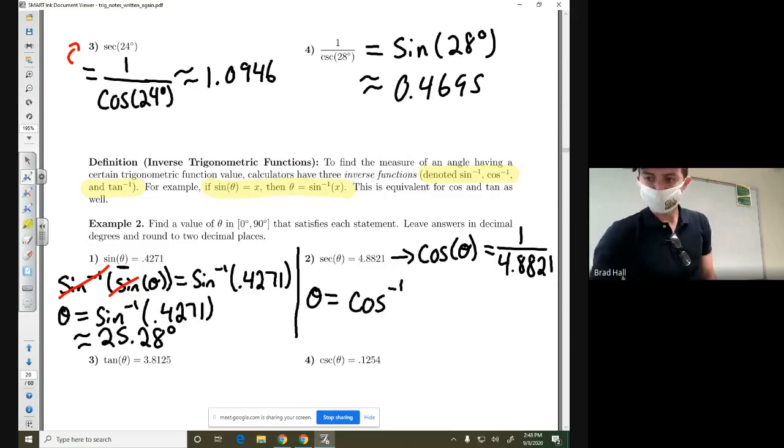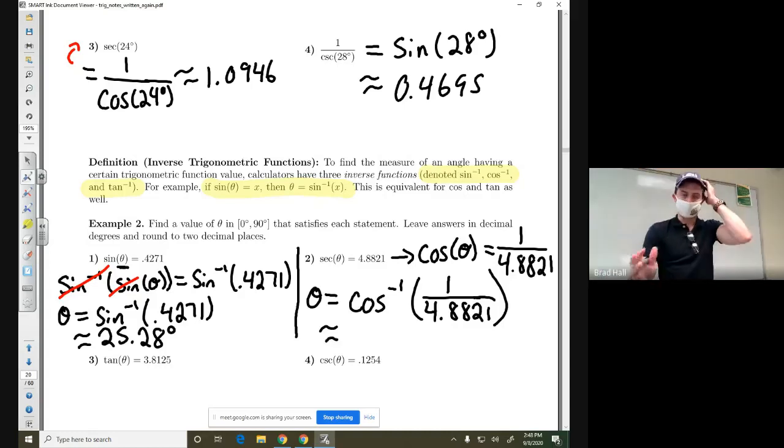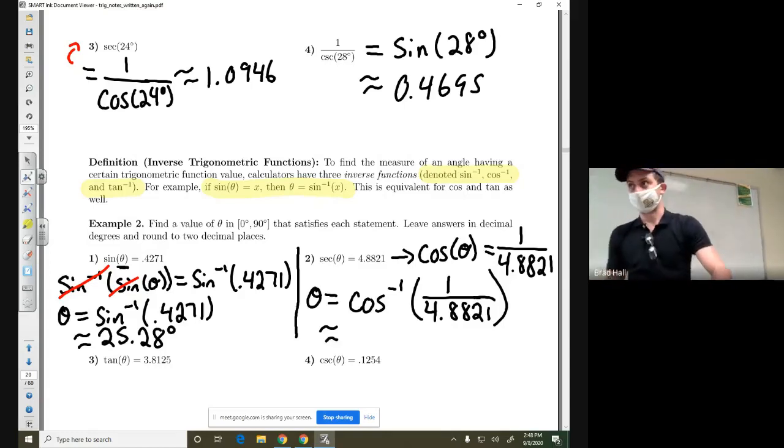So we're moving cosine to the other side to get the variable theta by itself. And now this is something you can put in the calculator because we have a cosine inverse button.